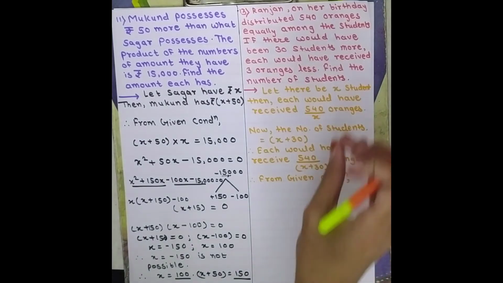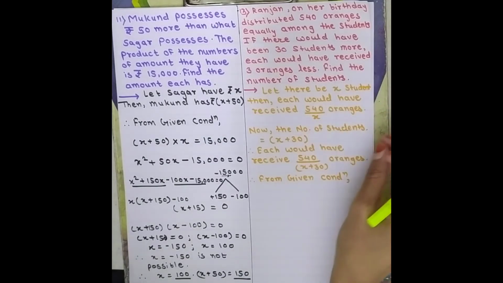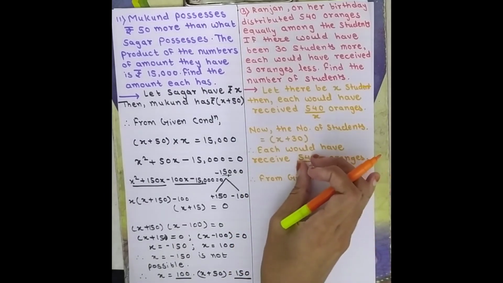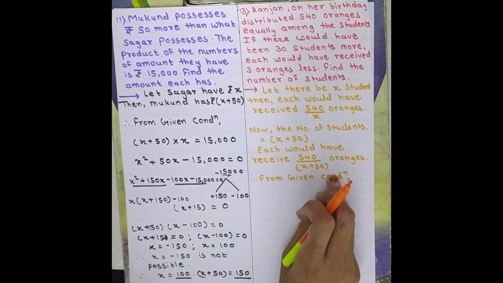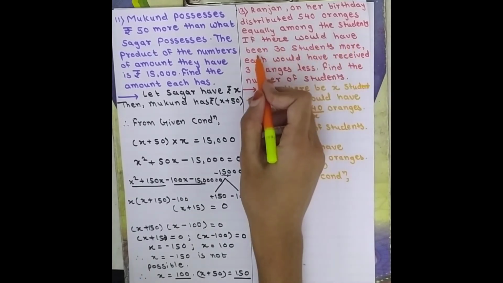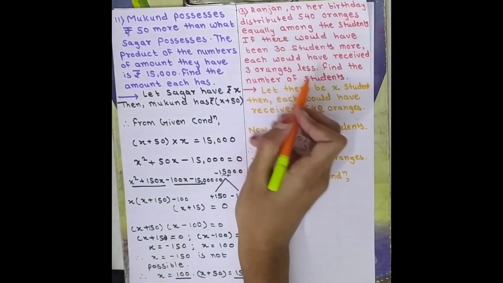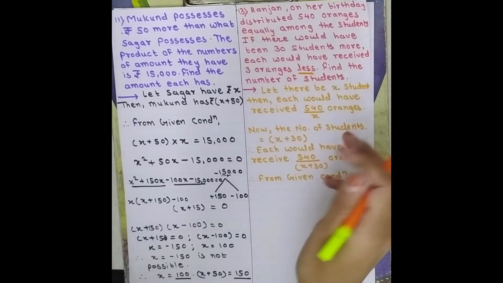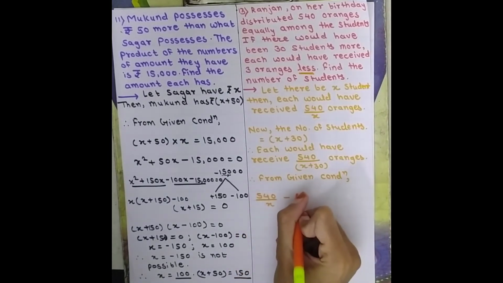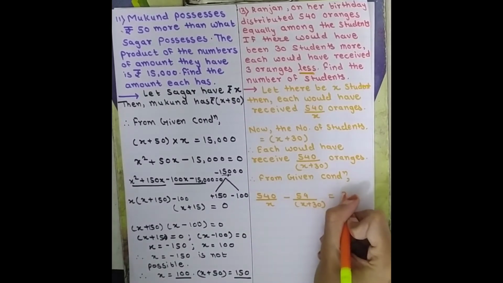So from the given condition, if there had been 30 students more, each would have received 3 oranges less. Here 'less' is given. So 540 upon x minus 540 upon x plus 30 is equal to 3.